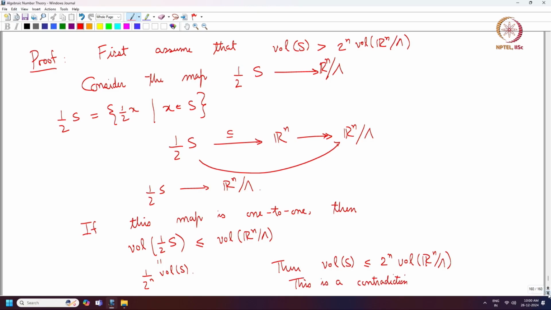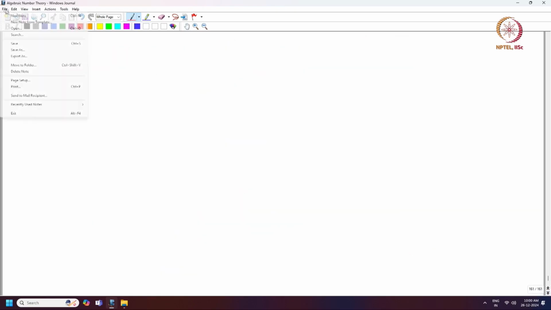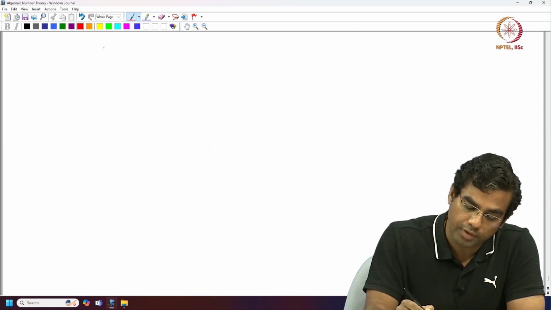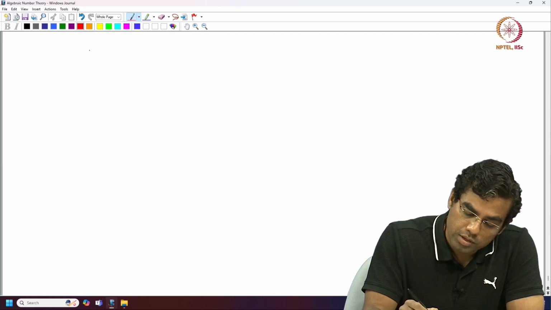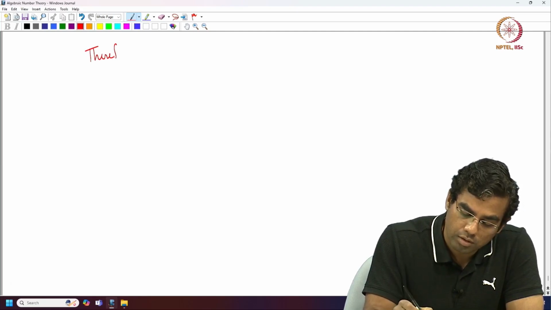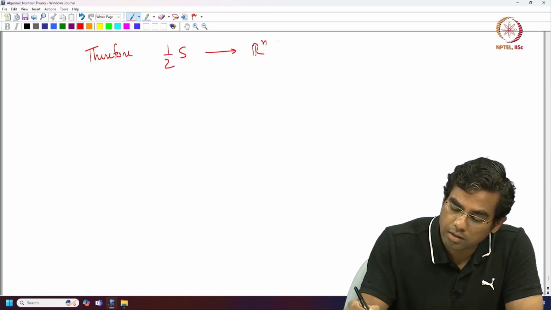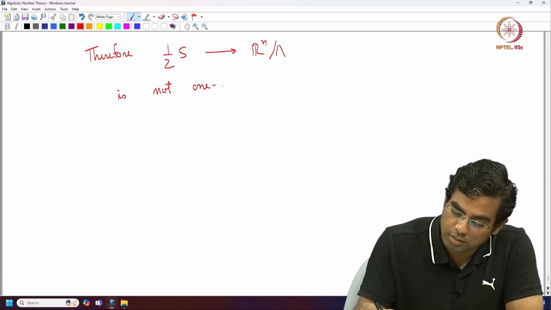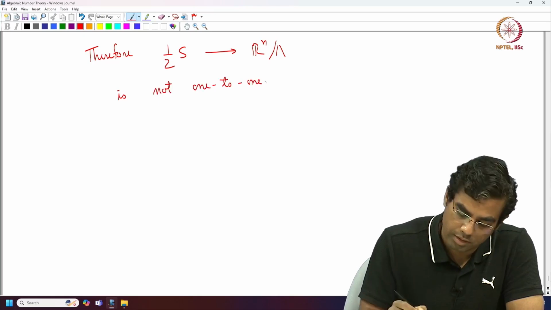That is why we are using this stronger hypothesis that volume of S is strictly bigger than 2 to the n volume of R to the n by lambda. Now, therefore, the map from half S to R to the n mod lambda is not 1 to 1. So, that is what we have concluded.